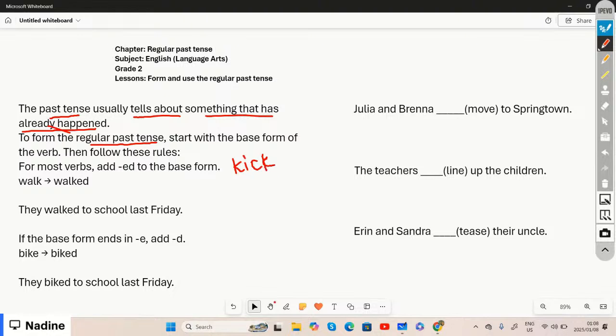It's a verb on its own. But as soon as we want to show this specific verb in the past, we can add ed to our verb to show that the action took place already. Kicked.